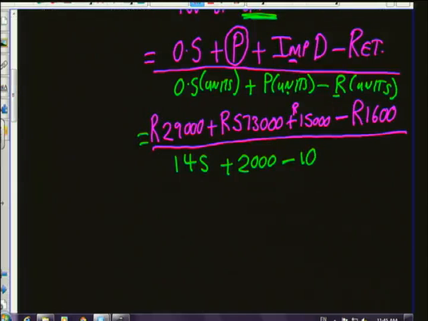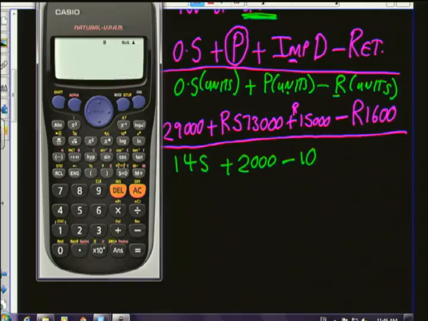Right, I've got all my figures in place. All that's left for me to do is add and then obviously divide in the end. So let's carry on with the calculation. Right, I'm going to get my calculator out. So at the top, 29,000 plus 573,000, plus the 15,000, that was your import duties, and then finally minus my 1,600, the value of my return.